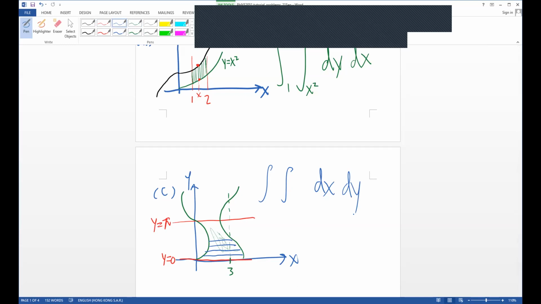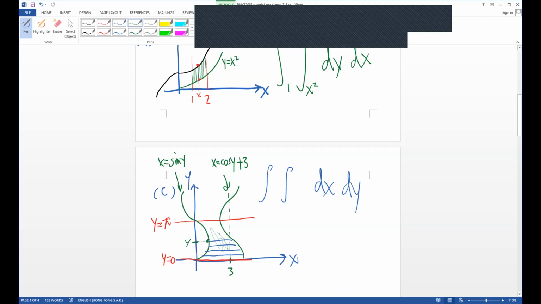So then again, this is x equals sine y. This is x equals cosine y plus 3. So suppose I am at some value y here.